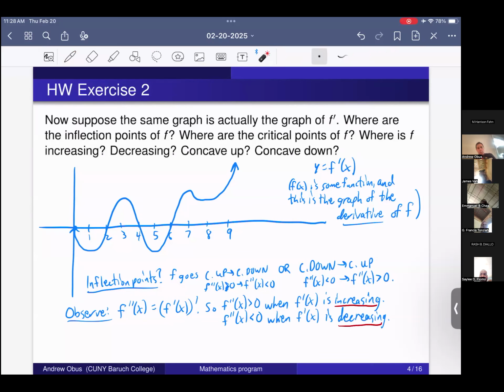Okay, so this is a key point. Before we actually answer the question, I want to make sure that everybody understands why this is true. The second derivative being positive or negative is the same as the first derivative being increasing or decreasing. When the first derivative is increasing, that means its derivative, the second derivative, is positive. When the first derivative is decreasing, that means its derivative is negative.